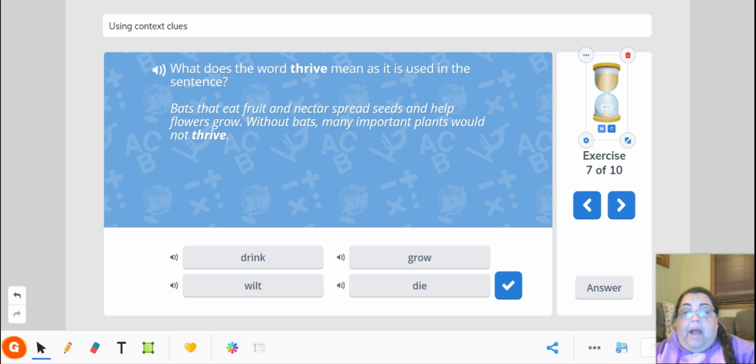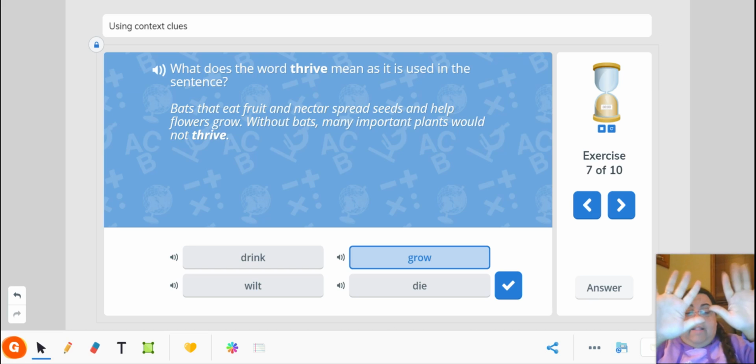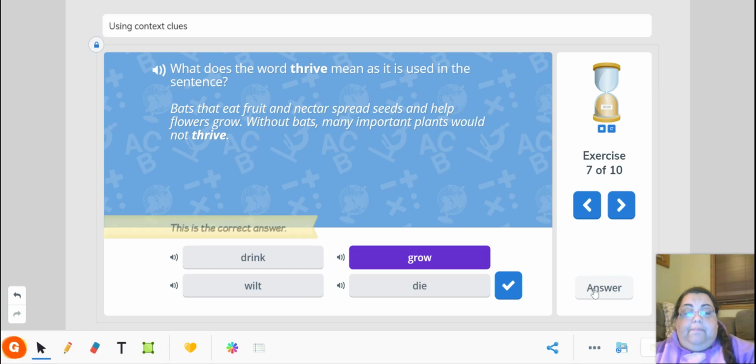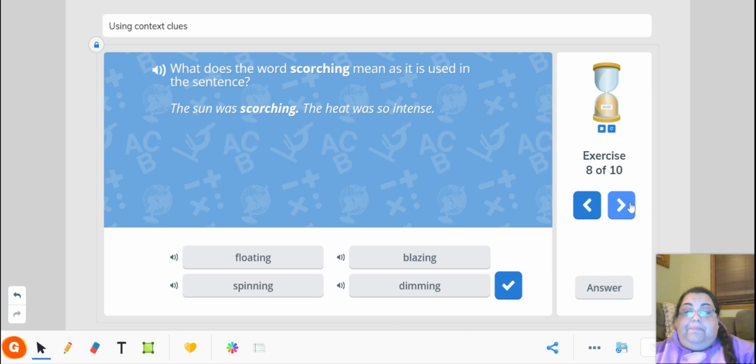Now I don't see a root word there, but in the sentence above I see the word grow. Because I see the word grow in the sentence above, I'm going to assume that thrive means the same. So I'm going to go with grow. If you've said grow, hands in the air, fingers wiggling, let's check it. That is correct.